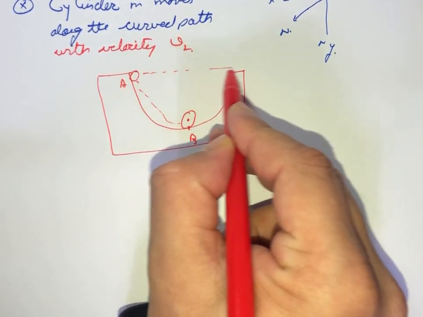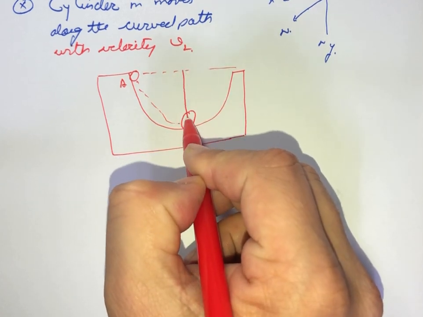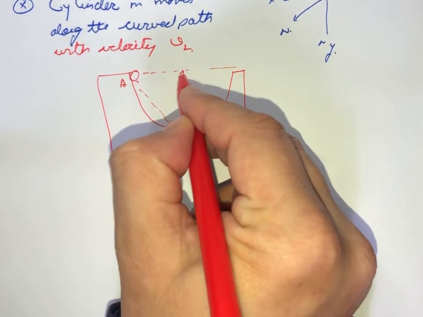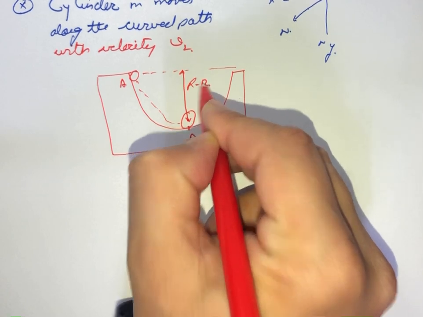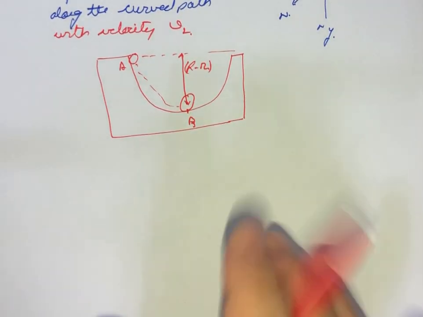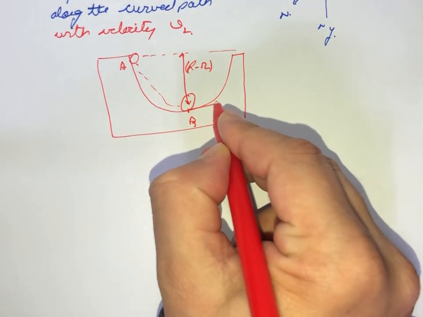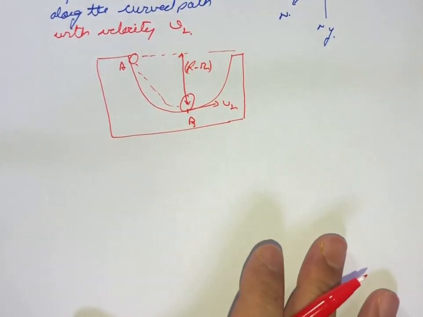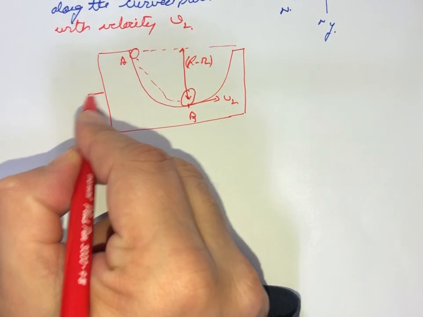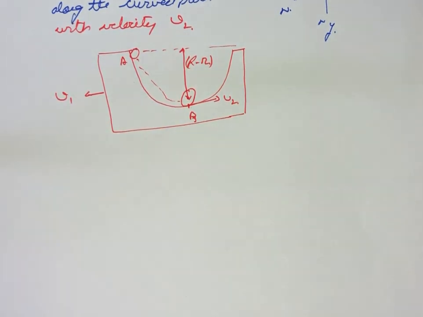So we can say this distance will be equal to R minus small r, and v2 will be the velocity of this cylinder, and v1 the velocity of the block.